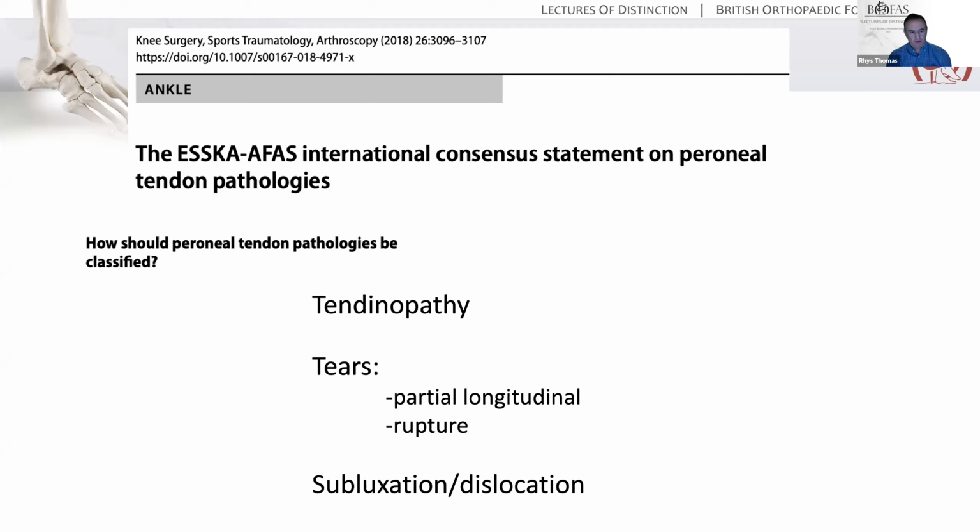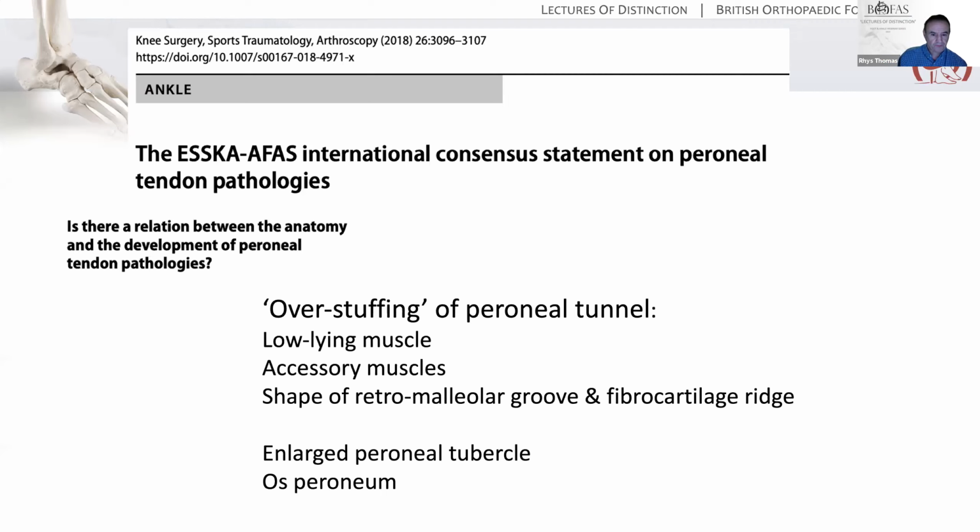So for peroneal tendon problems, we should think about three different groups: tendinopathy, tears, and subluxations or dislocations. They then asked, is there any relationship between the localized anatomy and the development of peroneal tendon pathologies? And they said, well, yes, there is.